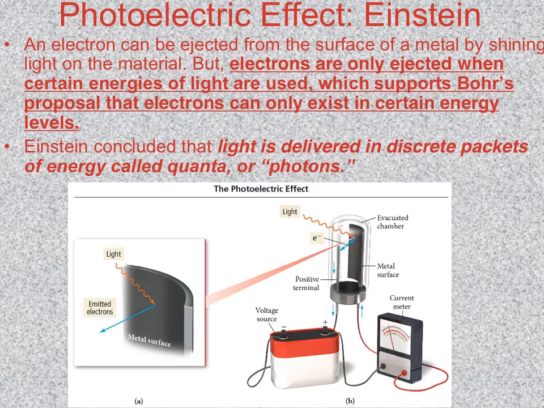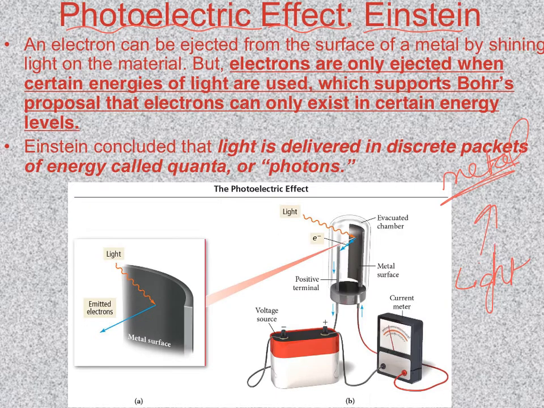Alrighty, something that you might see mentioned, particularly in the ACS final, has to do with the photoelectric effect. That's some studies that Einstein did, which supports that electrons are in fact quantized. But the bottom line is Einstein took a piece of metal and he subjected the metal to energy in the form of light.